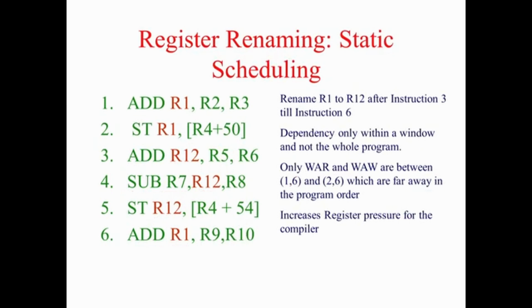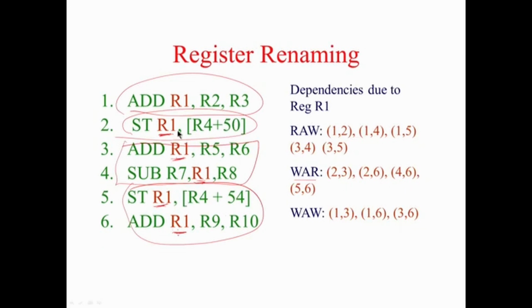Please note that the life of R1 starts at 1 and ends at 3, because at 3 R1 is again rewritten with a new value. We have done that liveliness analysis, you still remember the interval graph, please remember that.